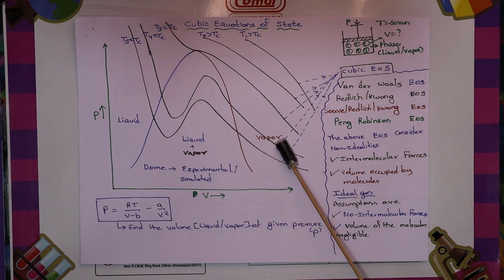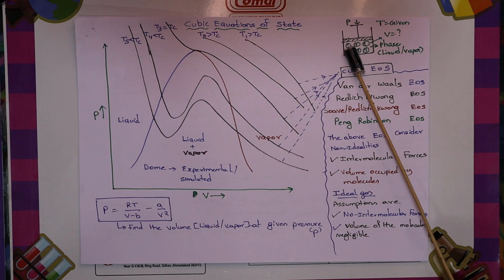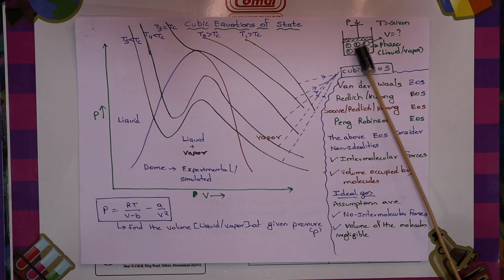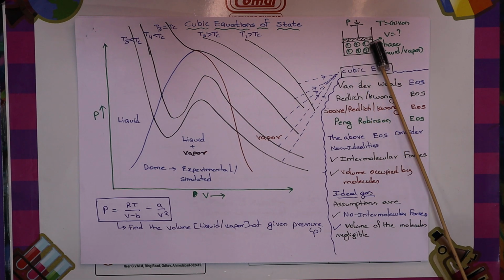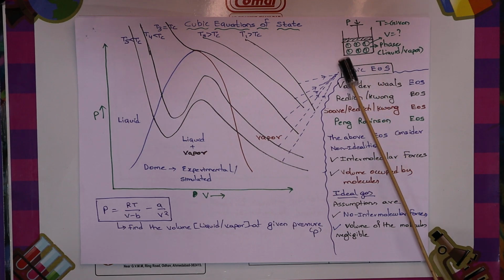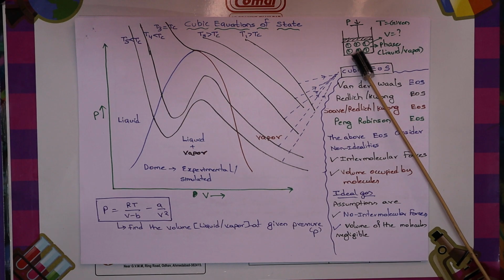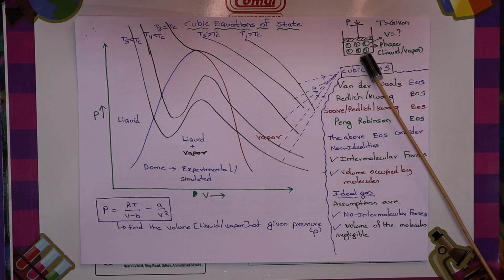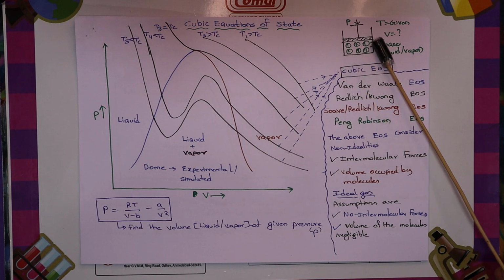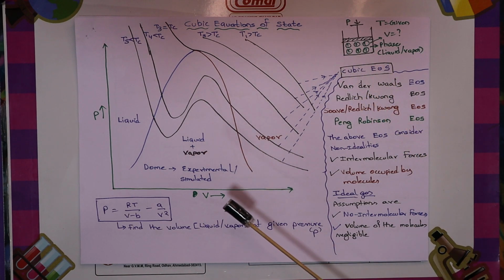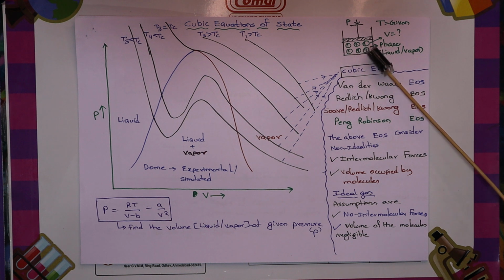An ideal gas assumes that between the molecules there are no intermolecular attraction forces, and the volume of the molecules is negligible compared to the total volume of the container. Based on these assumptions, the ideal gas equation has been formed.